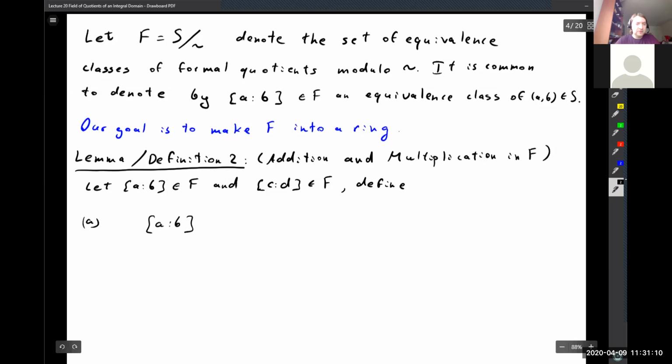A over B multiplied by C over D would be defined as the equivalence class of quotients of the following form, AC over BD, right? This is what you would expect.